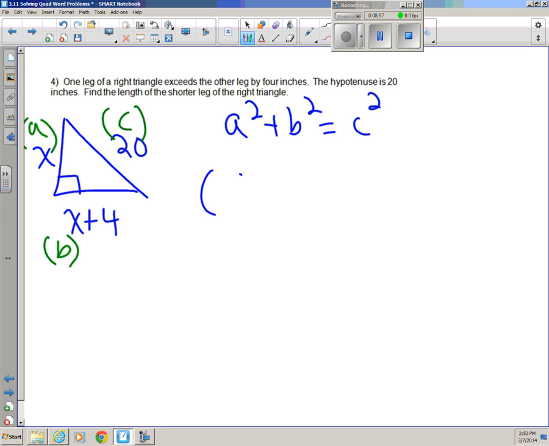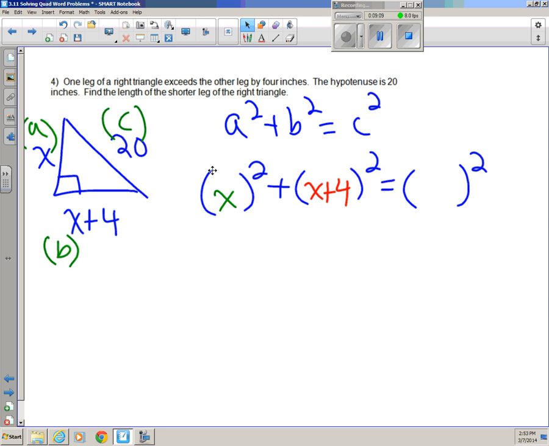So essentially what you're doing is a squared plus b squared equal c squared. Knowing that we called leg A x, we're going to call leg B x plus 4. And we're going to call leg C, or hypotenuse, 20. So what's easy for sure is this: x squared is x squared. 20 squared is 400.